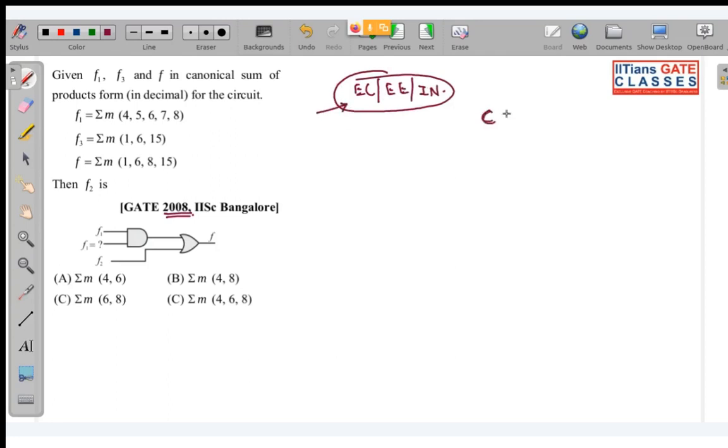And if you are from computer science, for this particular subject, digital electronics, solve questions of EC, EE and IN. You don't know when your concepts might be repeated. Question is not repeated, but concepts are repeated. So solve this question very quickly.